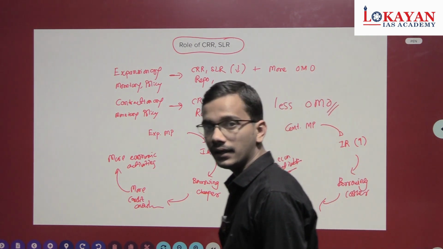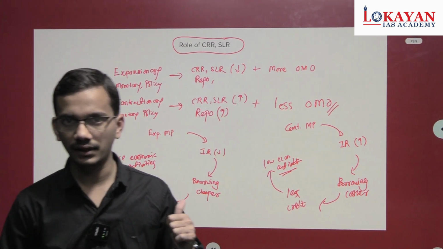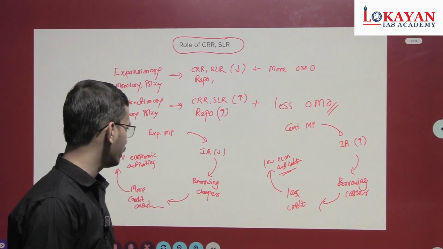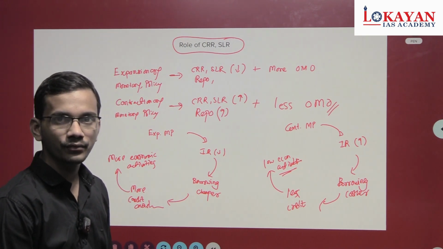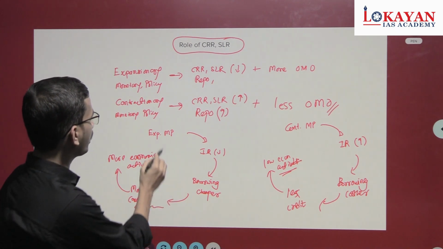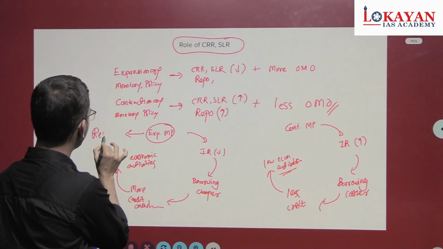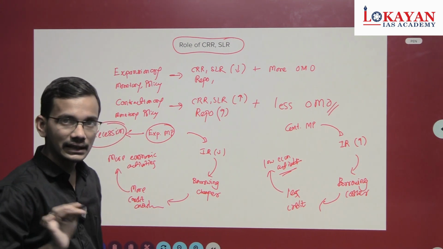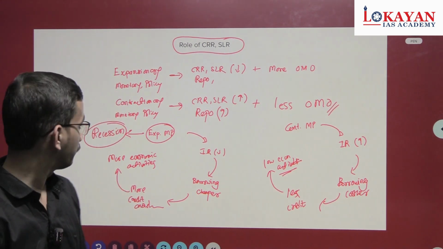Now, can you tell me in which circumstances a particular type of policy action can be taken? Say expansionary monetary policy. What we are doing through expansionary monetary policy, we are promoting economic activities. So expansionary monetary policy has to be taken during recession. So we in detail discussed about recession in our topic of inflation.